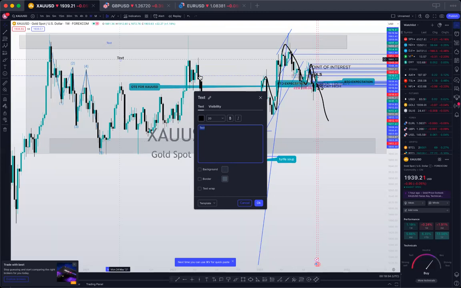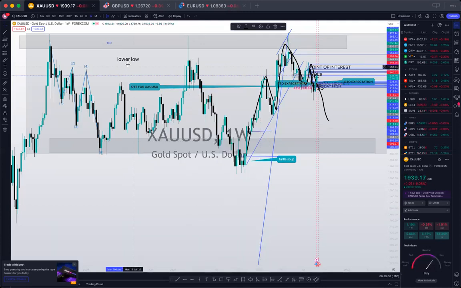So that will be the validation, lower low. Same thing is applicable to lower low. Understand? So those are the validation.